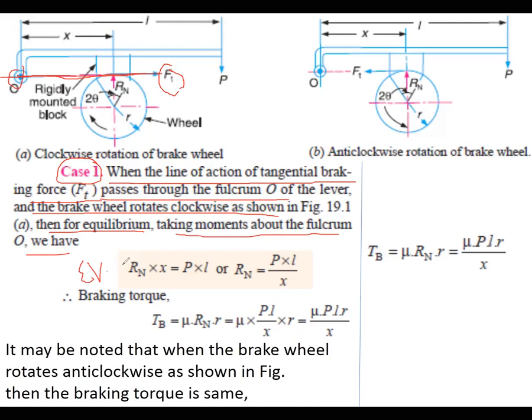The sum of the vertical forces is zero. Taking the downward forces as P into L and the upward forces as Rn into x, we get P into L minus Rn into x equals zero. So Rn into x is equal to P into L.